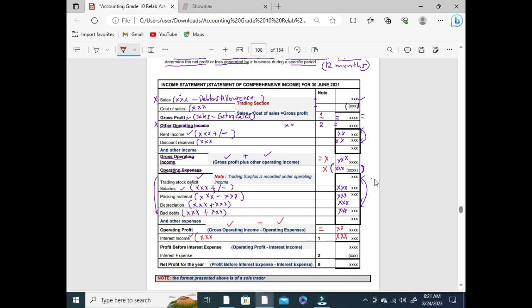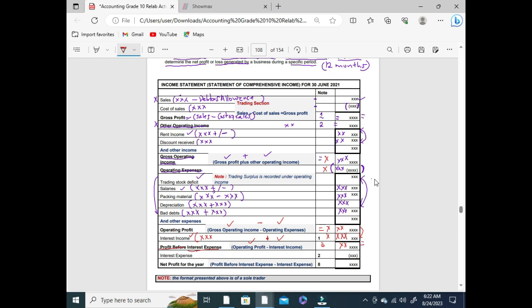And then in this case, we are going to take our operating profit plus our interest income, then it equals profit before interest expense. And then we record it.